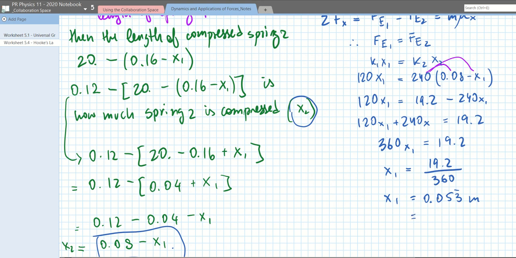So move the decimal two places to the right, we get 5.3. So that's our x1 value.